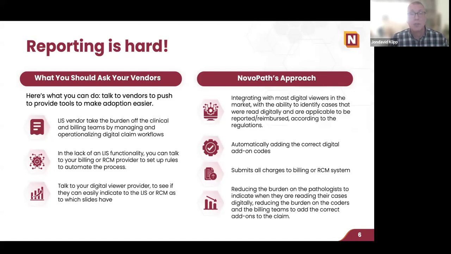There's a cost involved with storage of the digitized images. So there's a lot of costs involved. And if at some point in the future there could be a few dollars of reimbursement for every time you digitize a slide or bill for an 88305 that has been interpreted using digitized images, I really think the market would really take off.